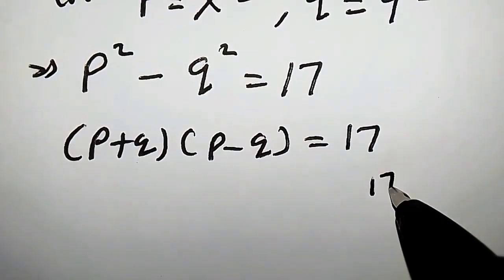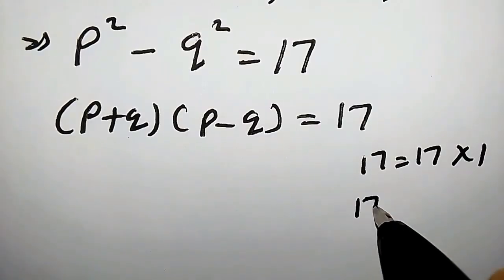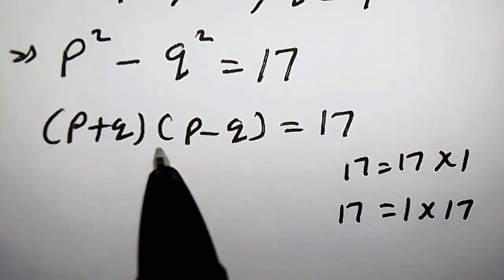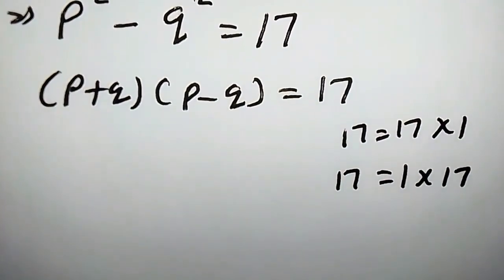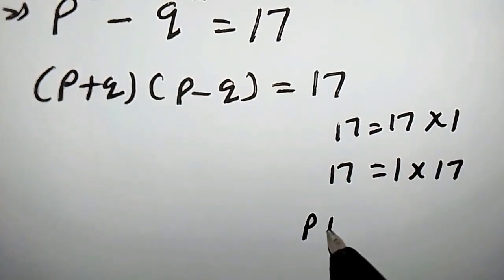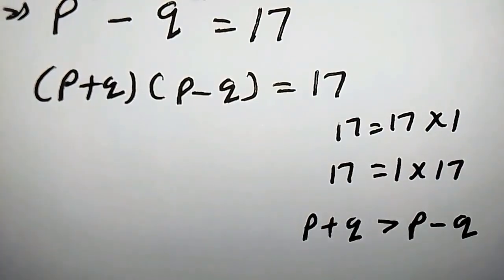Firstly, let's consider 17. 17 could be written as 17 times 1. We can also write 17 as 1 times 17. Now, let us consider the left hand side. You will see that it is very obvious that p plus q is greater than p minus q.